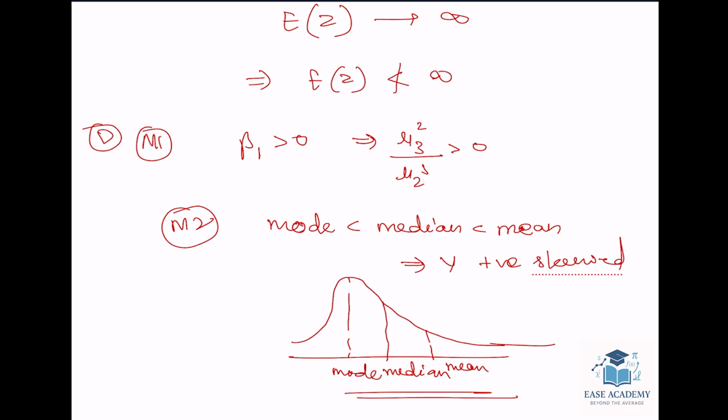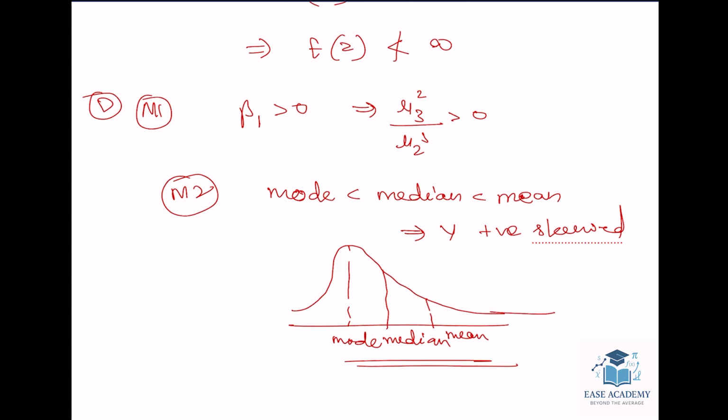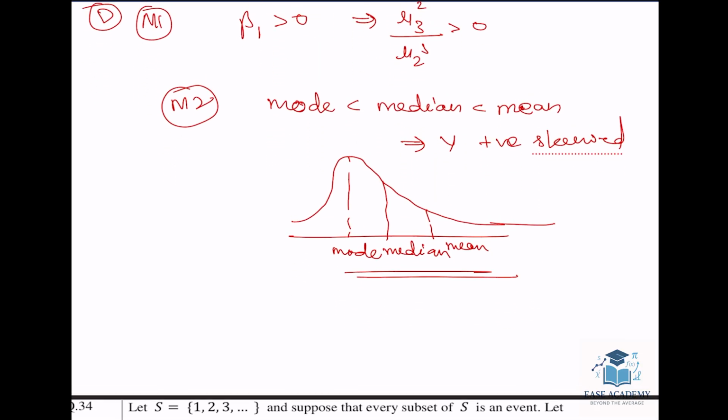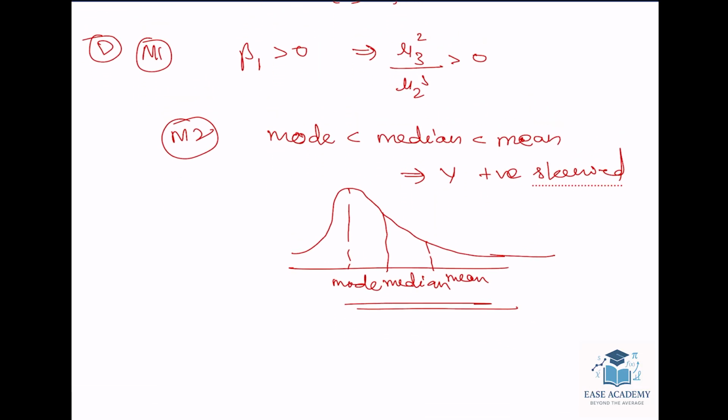So if this is the case, that implies the distribution is positively skewed. Now in order to check, let us find it from the mean, because it is much easier than calculating the third moment and then taking the square.